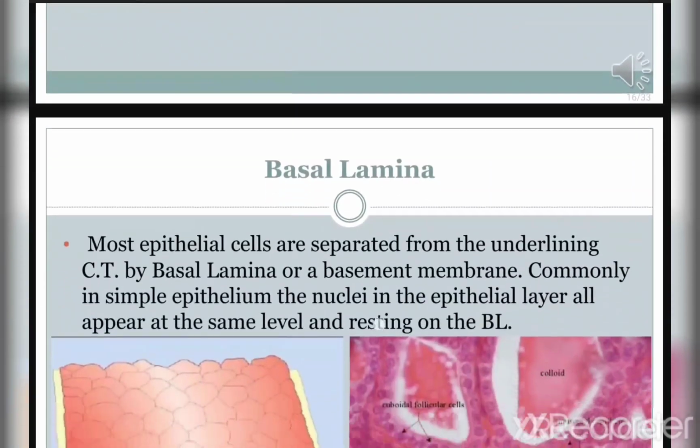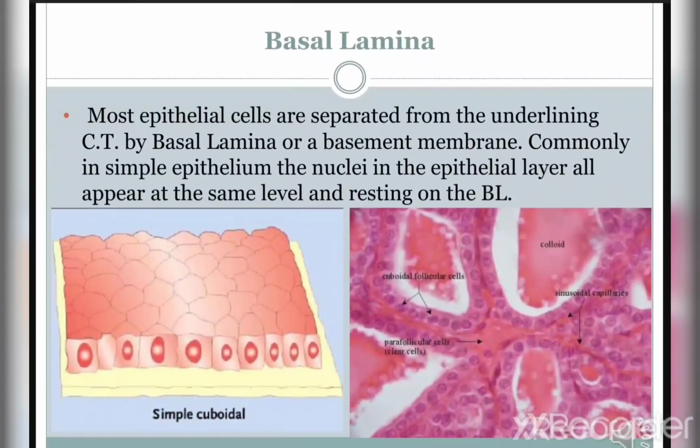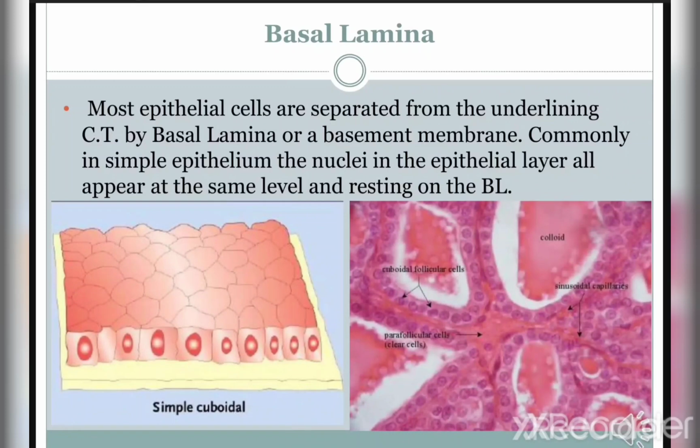When it is stratified, compound stratified, you cannot decide how many layers are in this epithelium, which is important for diagnosis. You will see the nuclei bluish or purple in color. They are very clear, you cannot miss them in the light microscope. So the nucleus is very important.